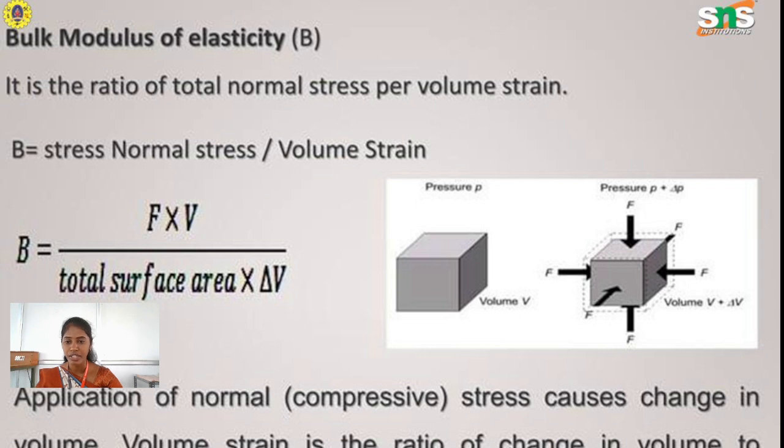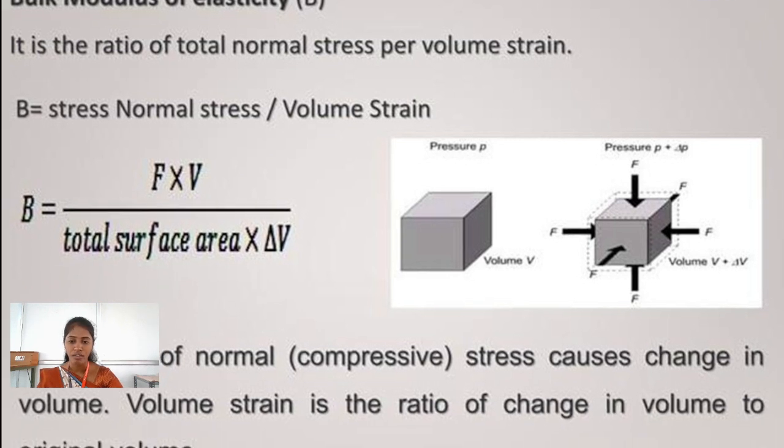Here the normal stress value is F into V, where F is the force applied and V is the original volume of the body, divided by the total surface area into del V, where del V is the change in volume. The application of normal stress causes a change in the volume.